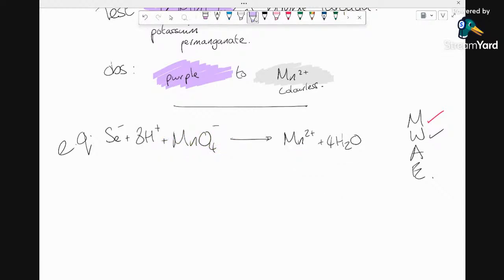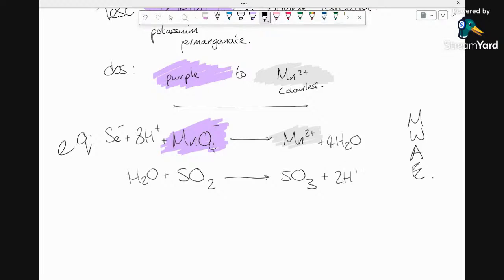And we're going from purple to colorless. It's nice to just keep consistency. What's happening to the SO2? The SO2 is going from SO2 to SO3. Let's balance the half equation. So metal is sulfur, 1 and 1, done. Water for oxygen, add the H2O. Acid, H pluses for hydrogen, 2 H pluses, plus 2 e minus on that side for charge.